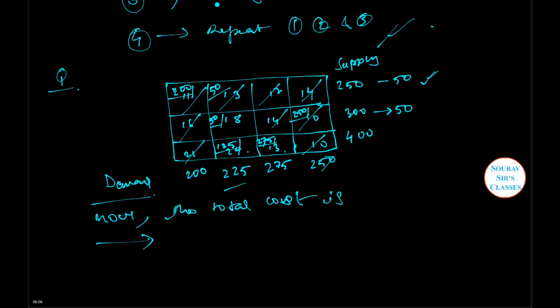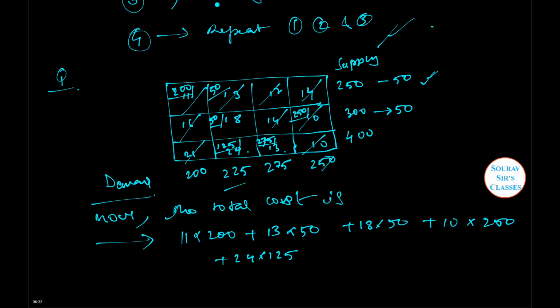That gives us a total of 11 into 200 plus 13 into 50 plus 18 into 50 plus 10 into 250 plus 24 into 125 plus 13 into 275, that gives us 12825. Hence this is the required answer.